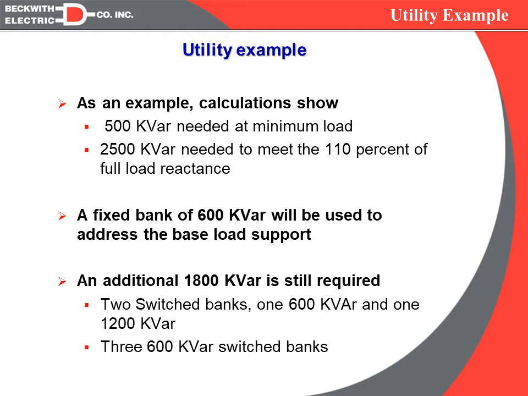We would subtract 600 from 2500, and that would leave us with approximately 1800 kVAR. Assuming this is a 12 kV substation, we would have 3 banks of 600 to get to our 1800 kVAR. If it was a 25 kV, then we would have one 600 and one 1200 bank.